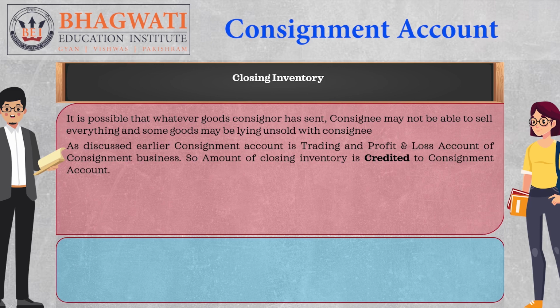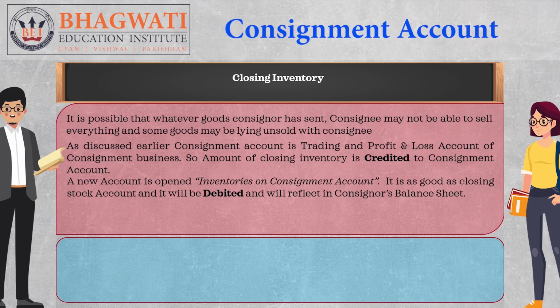So now consignment inventory, as we have discussed earlier, is as good as stock of the consignment business. So just like in the trading account, we credit closing stock. Here also, we credit this particular stock to what? Consignment account. And here we open one special account called inventory on consignment account, and it will be debited. Clear? So my journal entry will be inventories on consignment debit to consignment account.